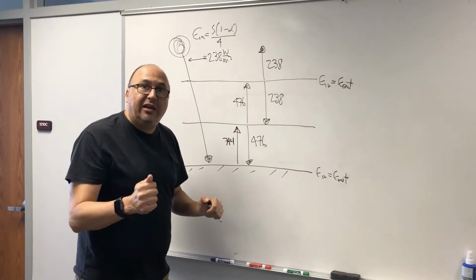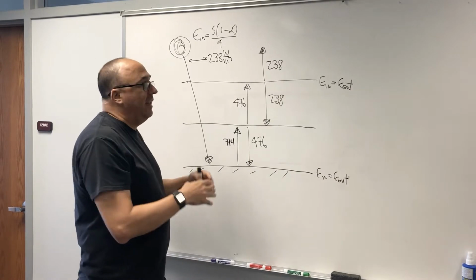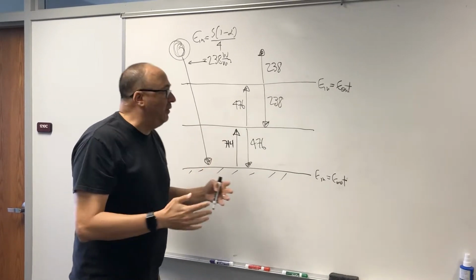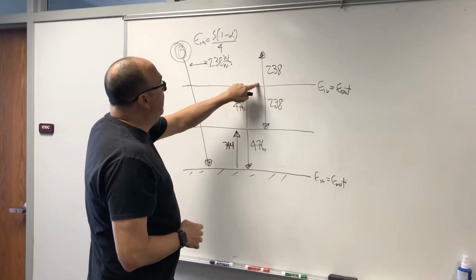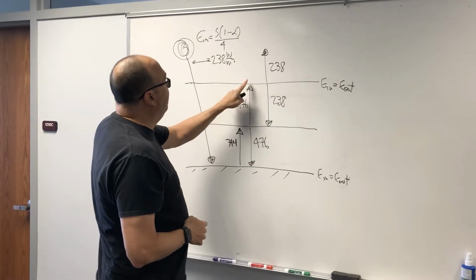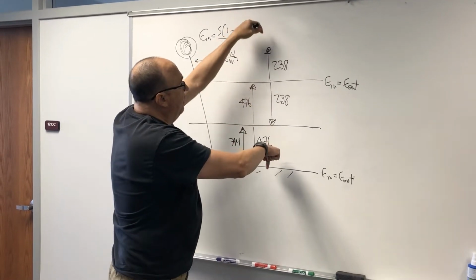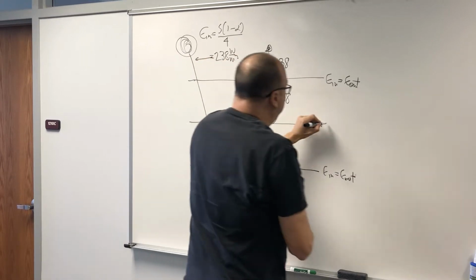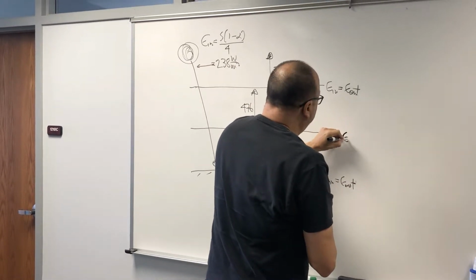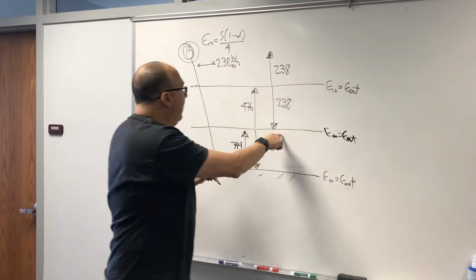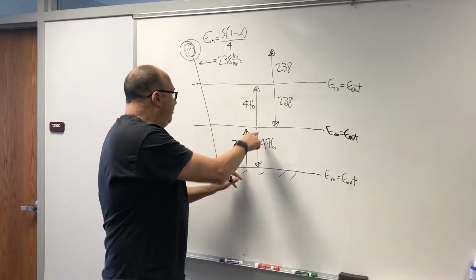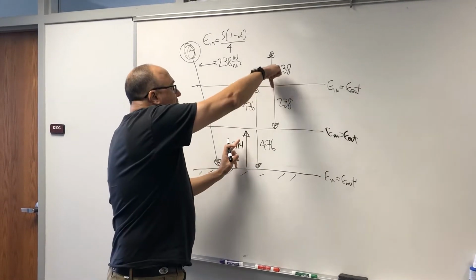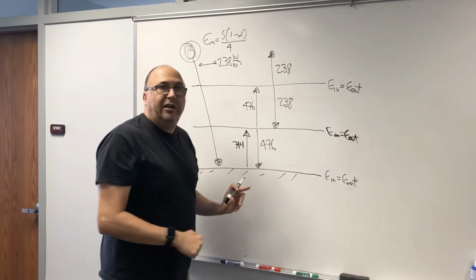Now, we can check, and you should always do this, to make sure that energy in equals energy out for everything. So for example, if we come here to this top layer, energy in is 476, energy out is 476. Check. Now, we haven't done this one, but energy in has to equal energy out for this layer. So for this layer, energy in is 714 plus 238.